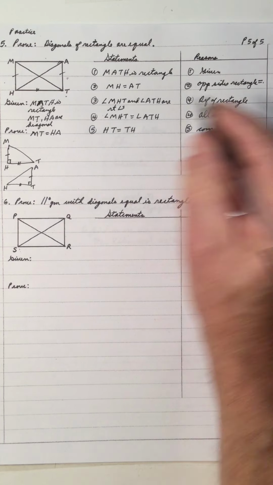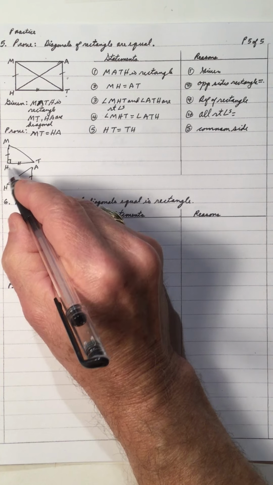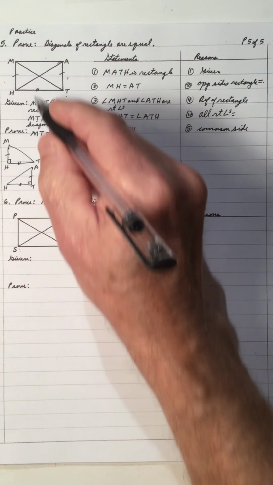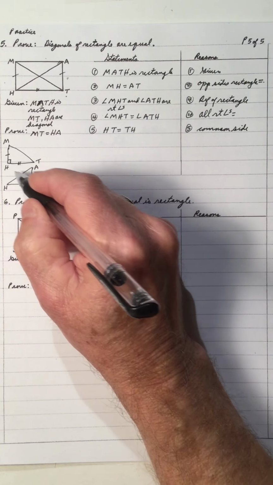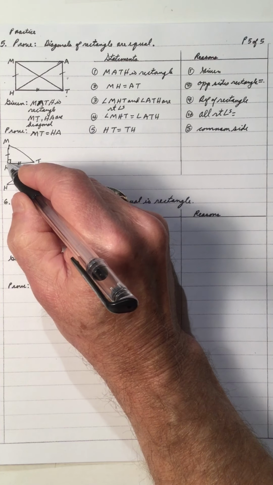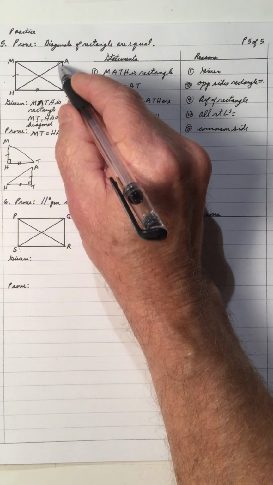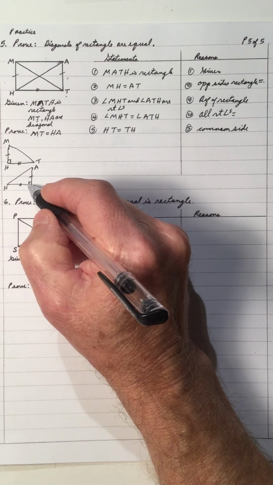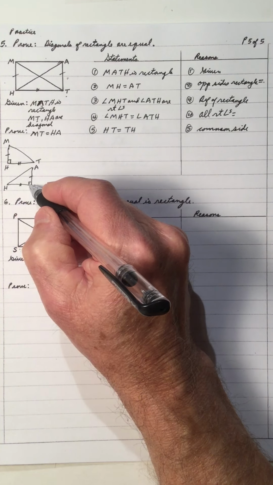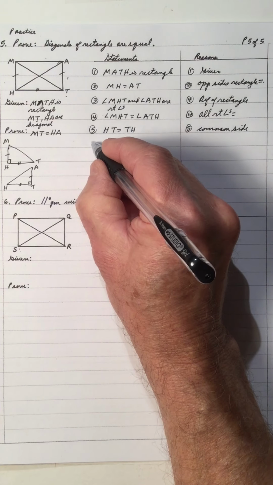Common side. Notice I had to go HT, TH, because the H goes with the T and the T goes with the H. It's not HT, because they're twisted. If you did these two triangles and laid them on top of each other, H would fall on T and T would fall on H.